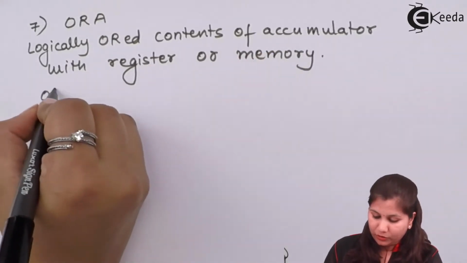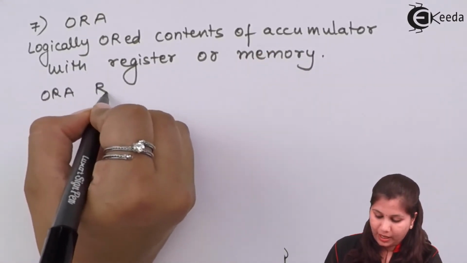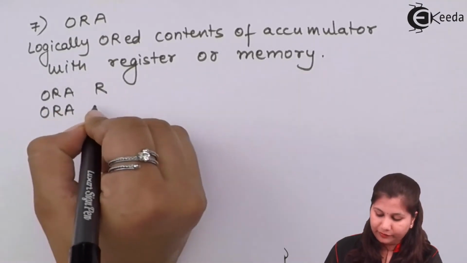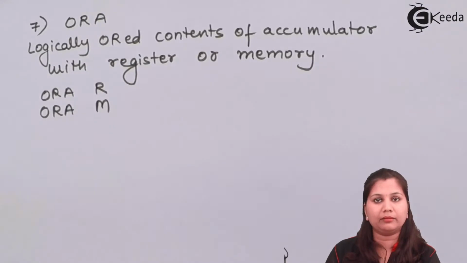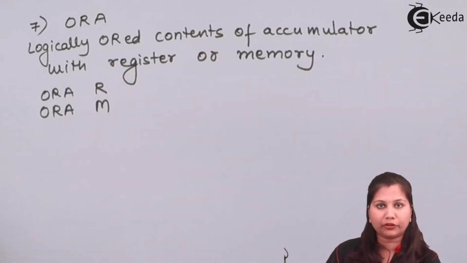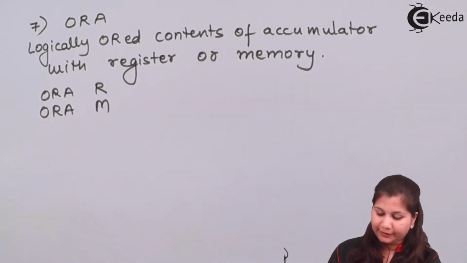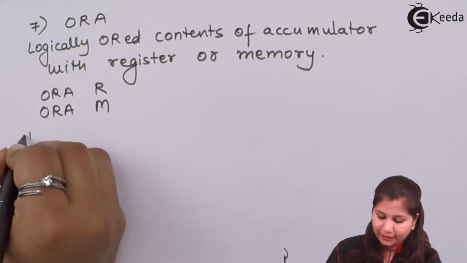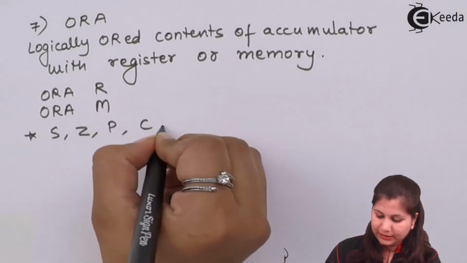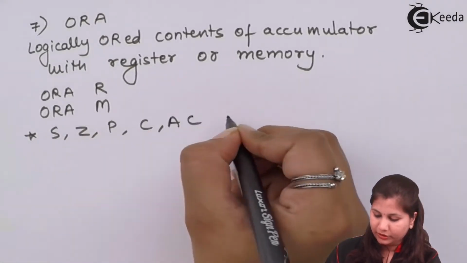So if we are having ORA R, then it will be a register, and if we are having ORA M, then it will be a memory location. Again, result is stored in the accumulator itself, and all the flags are modified: S, Z, P, C, and auxiliary carry.